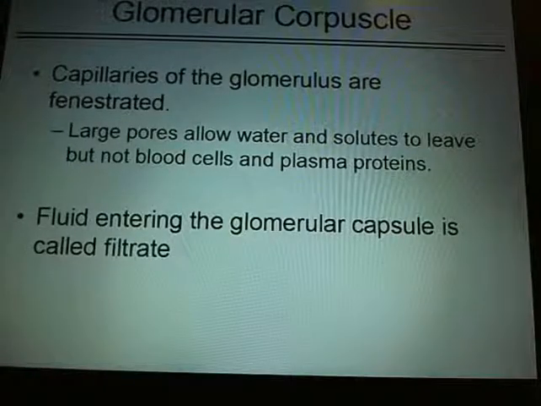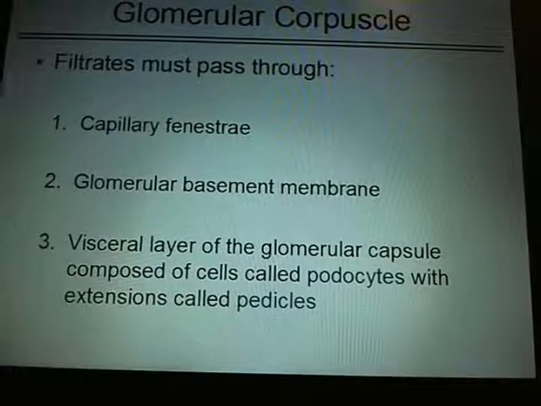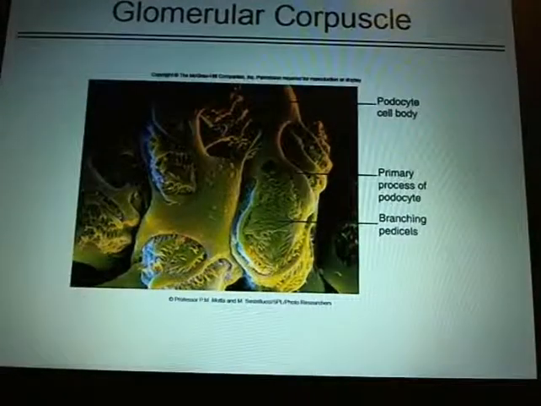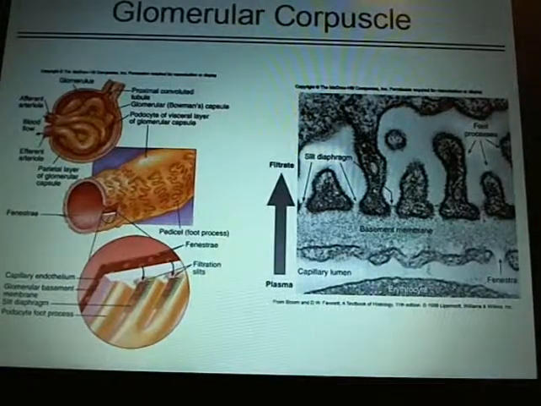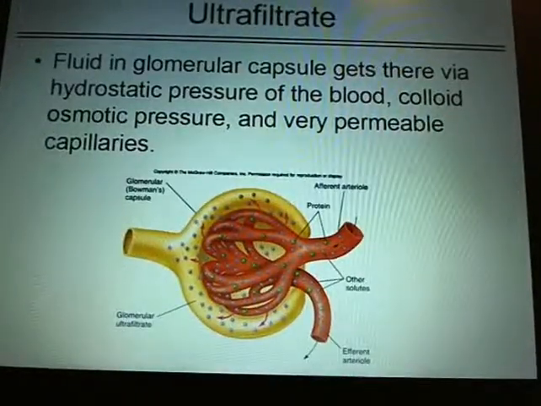Glomerular filtration. Capillaries are fenestrated. They have large pores. Large pores allow solutes to leave, but not the cells or the proteins. This you can look at in your book, glomerular capsule. We talked about that.